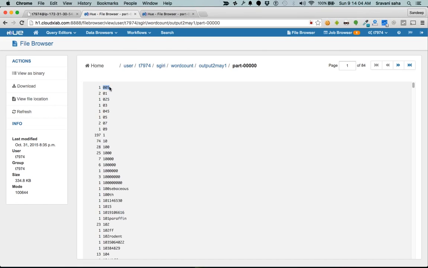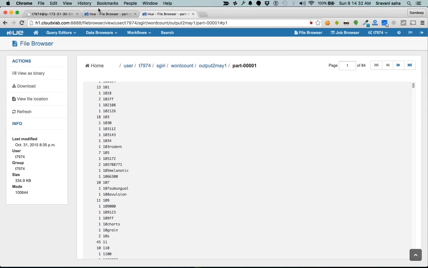So one word went to the first reducer while another went to the second reducer. Okay, so it's trying to distribute them uniformly. And which key goes to which reducer is decided by something called the partitioner, and we are going to discuss the partitioner in detail.